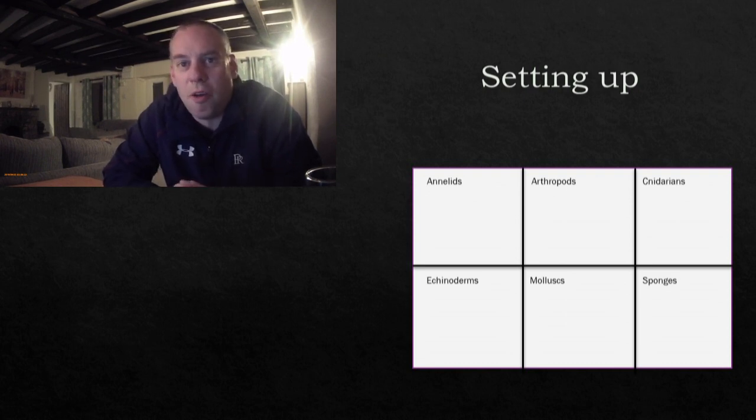And I want you to find interesting, amazing and obscure examples. Don't go for the simple, go for the weird and wonderful. And I want you to put a picture of that into each box with a little name and just a sentence about the animal of why it's so unique.